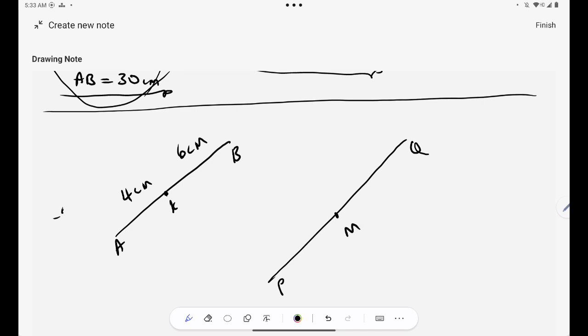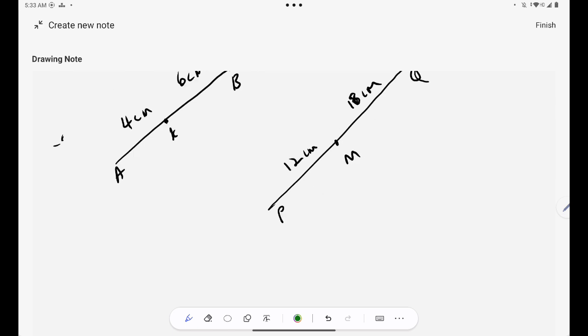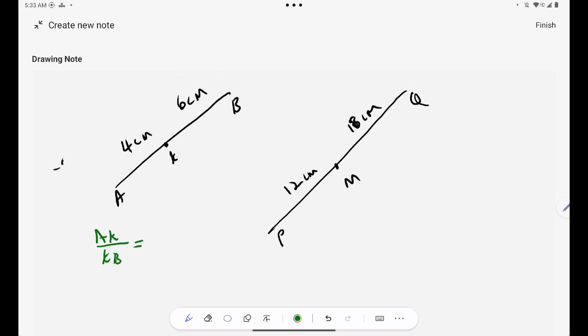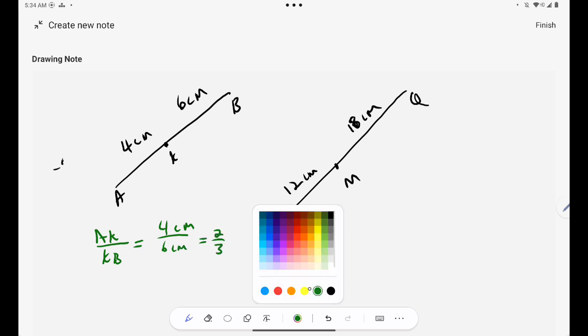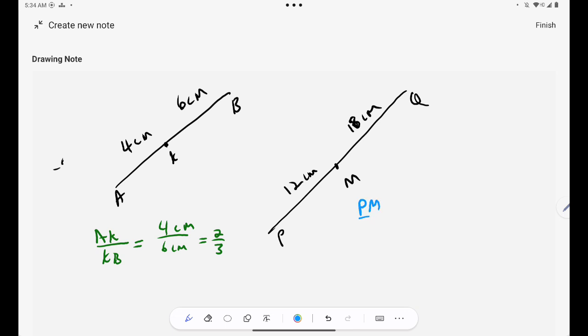Another line, it's 12 centimeters and 18 centimeters like this. Okay, to find the ratio of this line, simply say AK divided by KB. So you'll have 4 centimeters over 6 centimeters, which is 2 over 3. And then the other line, you have PM over MQ, which is 12 centimeters over 18 centimeters. You'll still get 2 over 3.